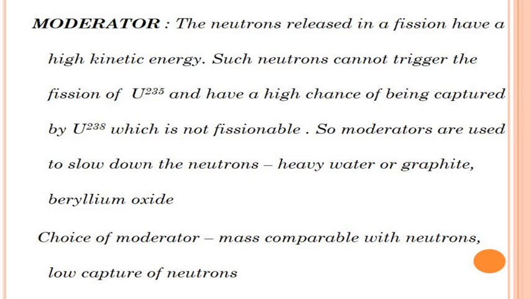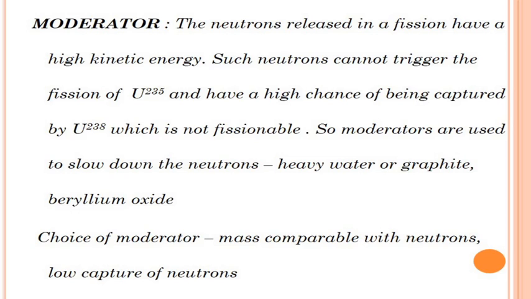So they are fast moving neutrons, but such neutrons cannot trigger the fission of uranium-235 and have a high chance of being captured by uranium-238. So to slow down these fast moving neutrons, we are using moderators. And as moderators, we are using heavy water or graphite or beryllium oxide.